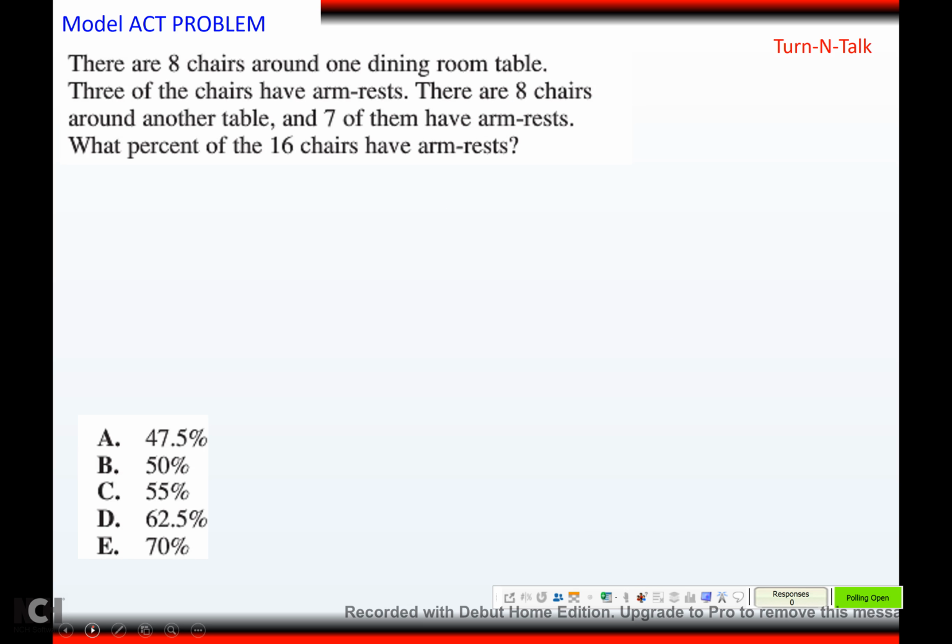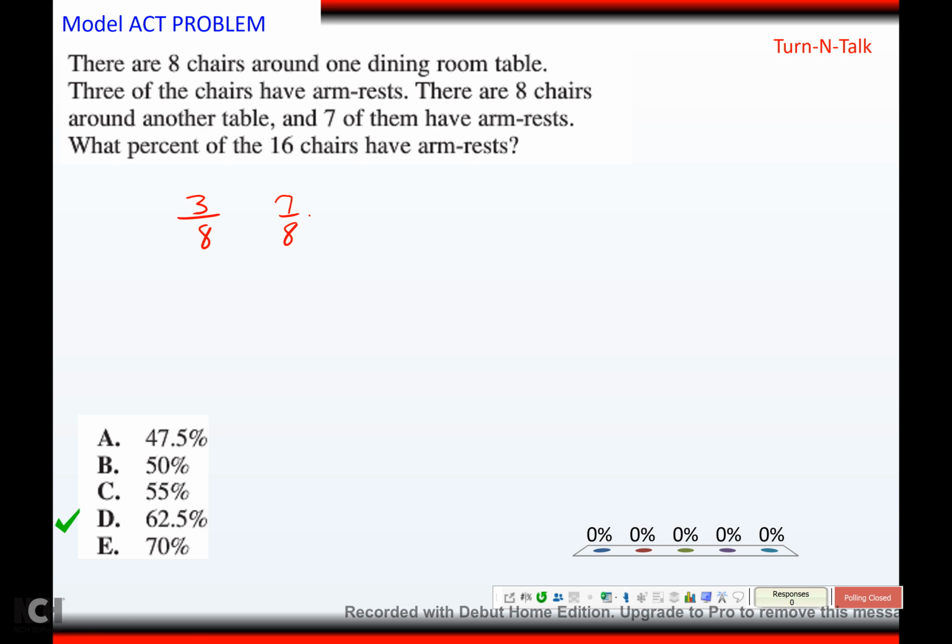Try this one, hit pause, come back when you're ready. Alright, and they want to know, there are 8 chairs around one dining room table. 3 of the 8 have armrests. There are 8 chairs around another table, and 7 of them have armrests.